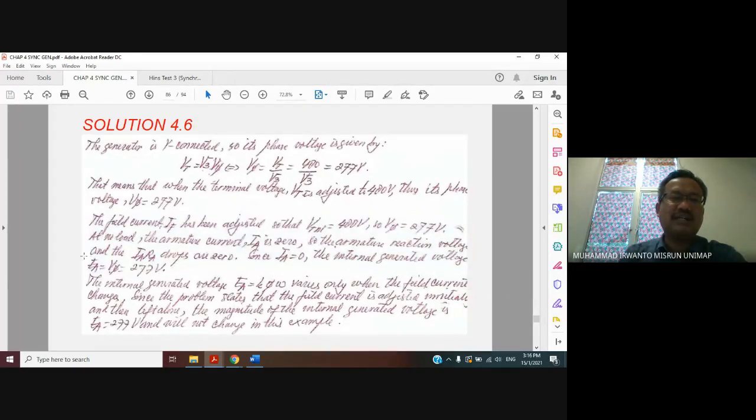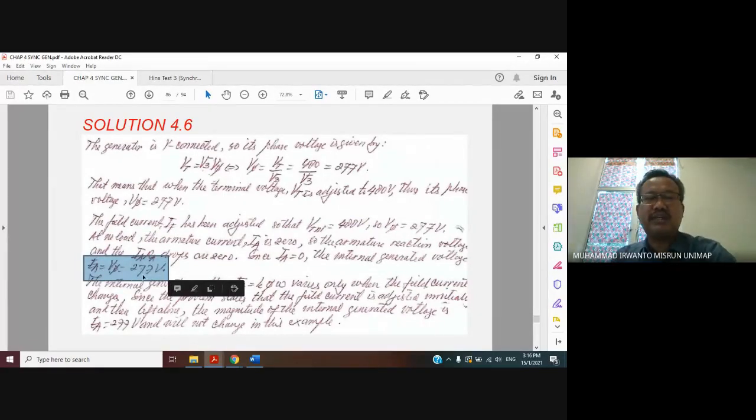So in the open circuit condition, EA is equal to the phase voltage, equal to 277 volt.